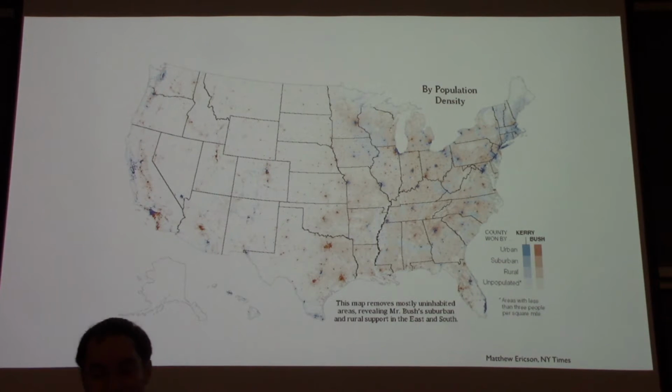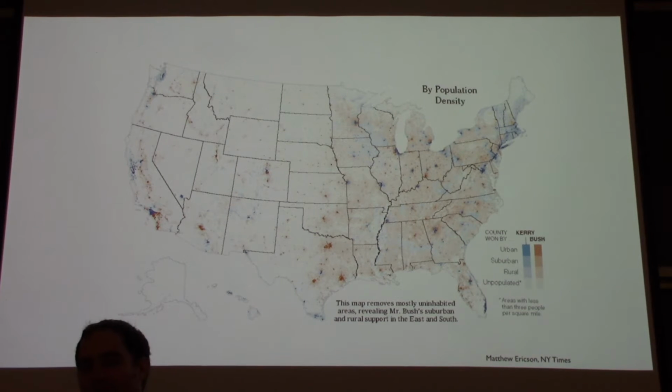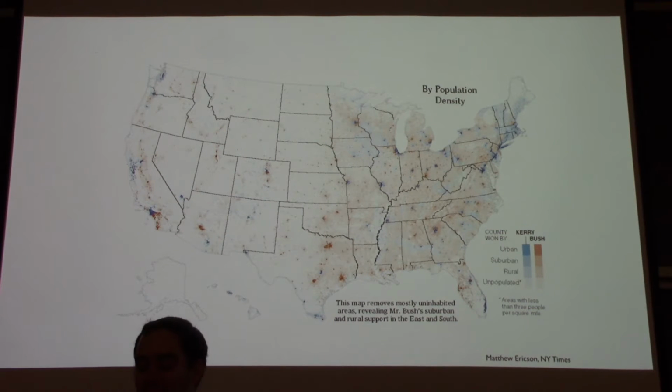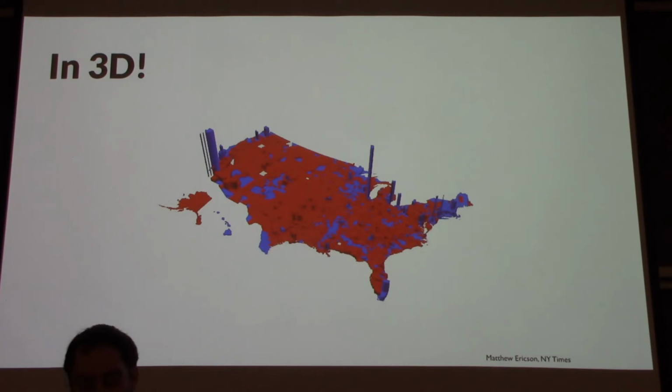In this case, the ink is proportional to the data. This is the idea of data-to-ink ratio, and not to lie with visualization, this shows you a faithful distribution of how people voted. We're simply considering population density.